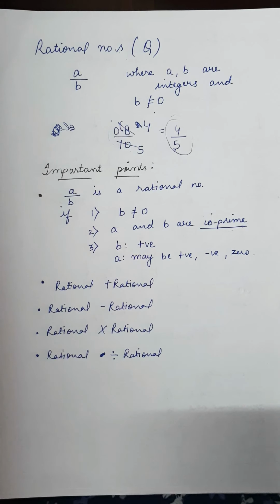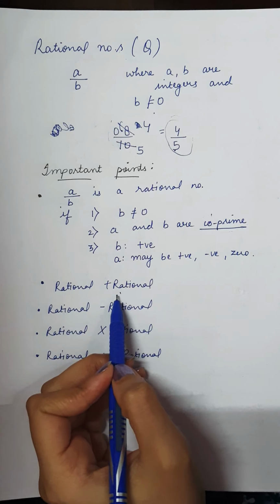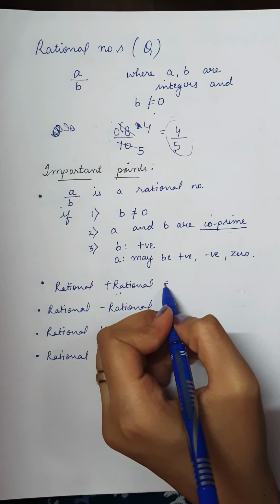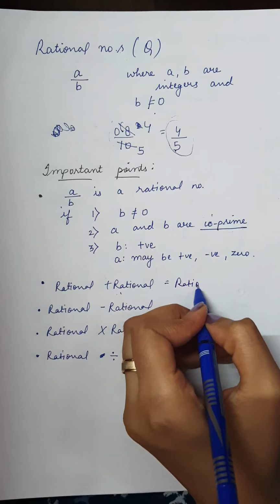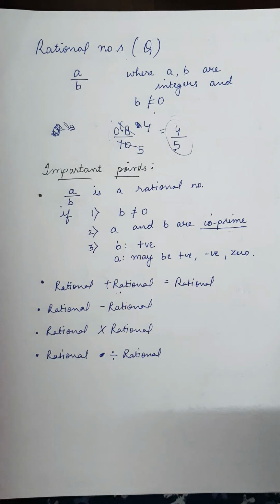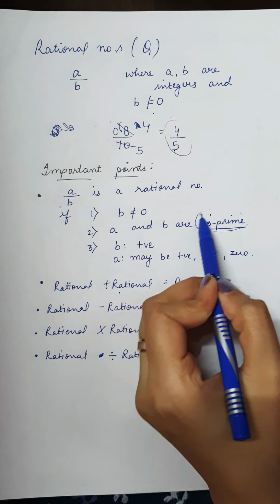Now the next important point we had already studied in class 8, that is addition of two rational numbers. Simply we can say addition of two fractions. Will always going to be a fraction, and fraction is going to be a rational number only if you have reduced it in the lowest or simplest form, because we needed this condition to be fulfilled.